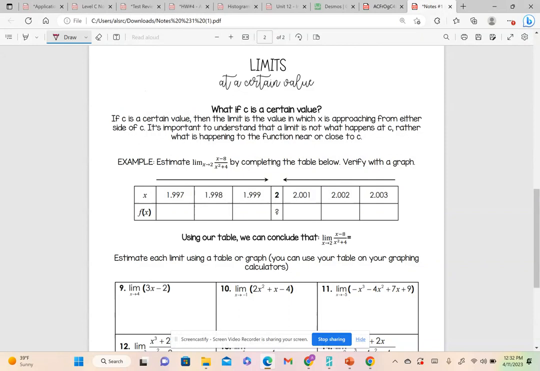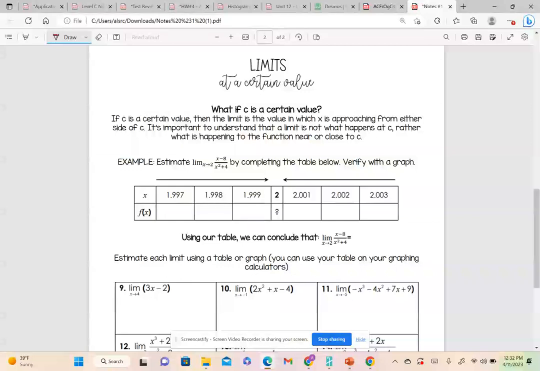My limit as x approaches what? 2. Okay, so that number will always go in the middle of your table. And your table should look like this, 3 on the left, 3 on the right. So 3 smaller, 3 bigger, your actual value in the middle.